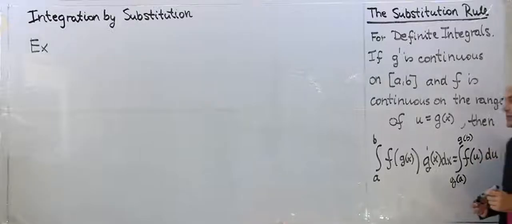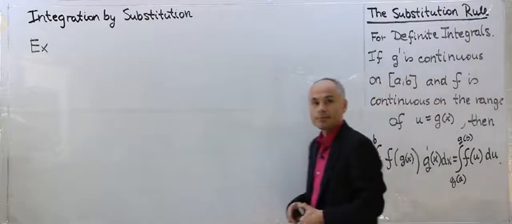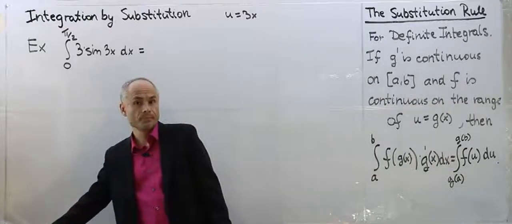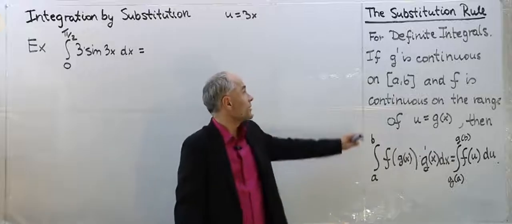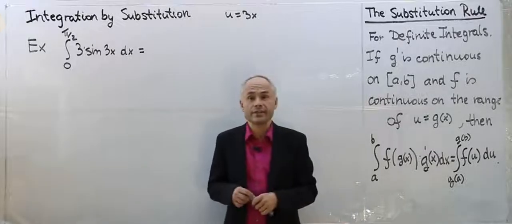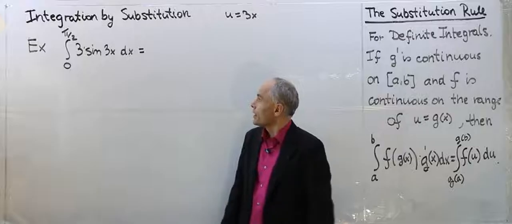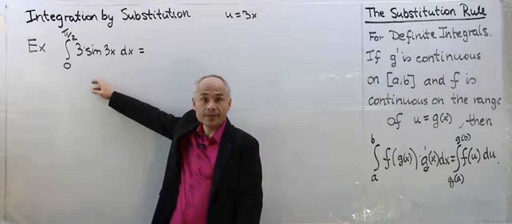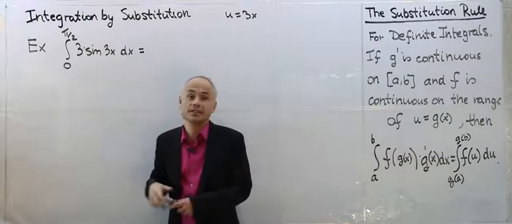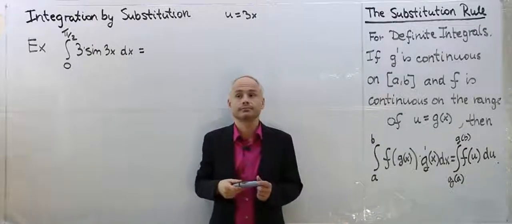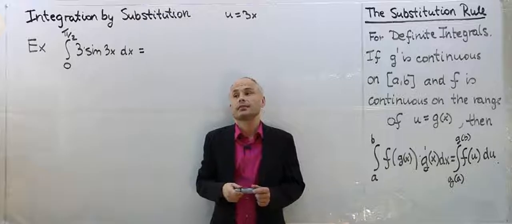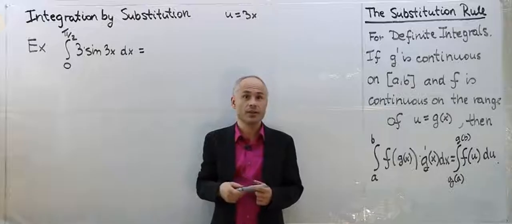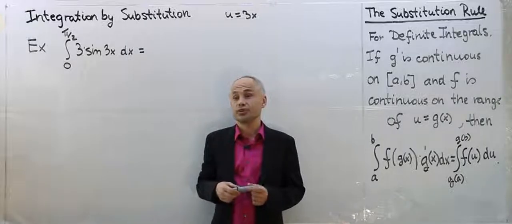Let me illustrate one more example. Let me illustrate an example of how we will use the substitution rule for definite integrals, and I will pick the following: the integral from 0 to pi divided by 2 of 3 sine 3x dx. What do you think? What should be our first guess for a substitution?